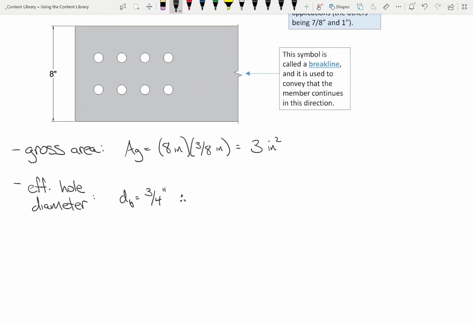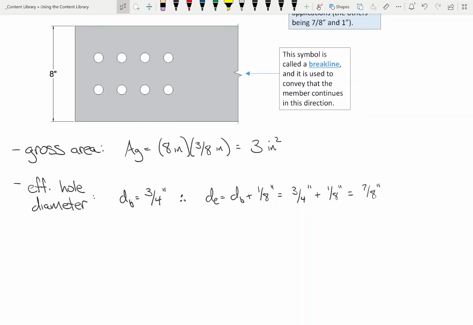If the bolt diameter is 3/4 of an inch, what can you tell me about the effective hole diameter? An 1/8 of an inch bigger. So the way that we compute that is the effective hole diameter is the bolt diameter plus an 1/8 of an inch. And what is 3/4 plus an 1/8? 7/8. Okay. With me so far?